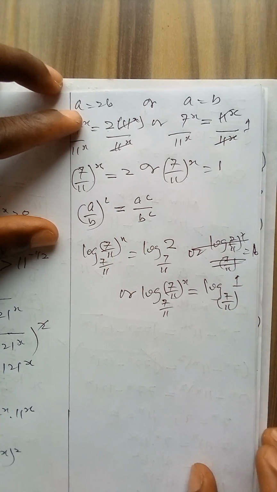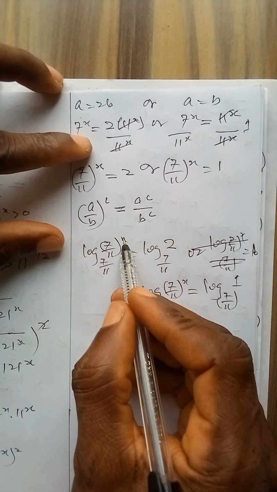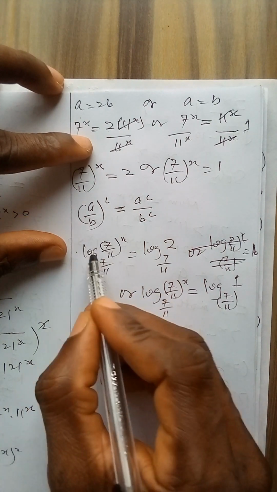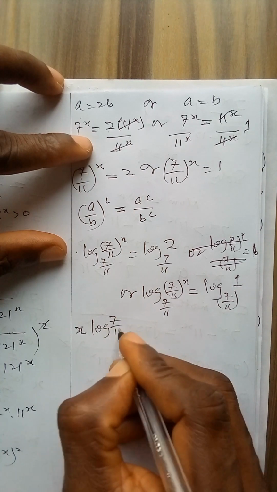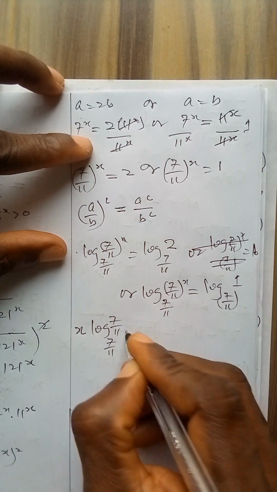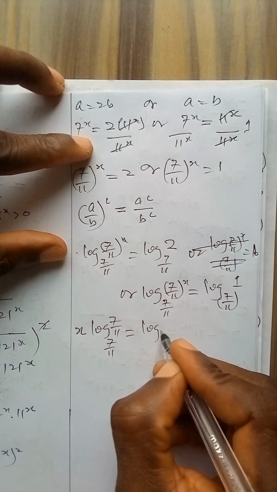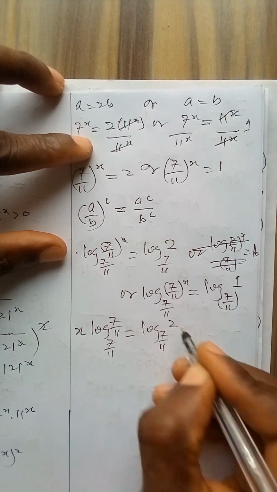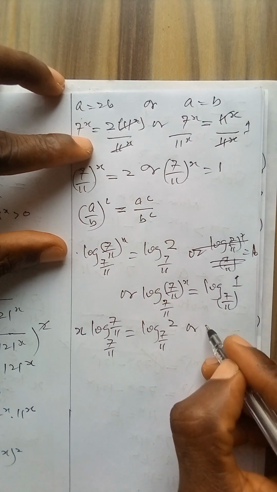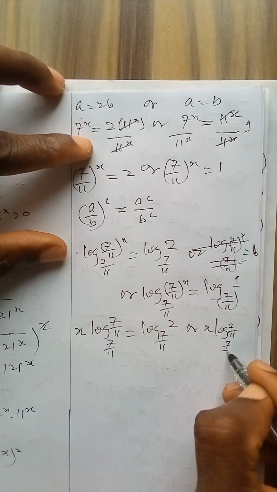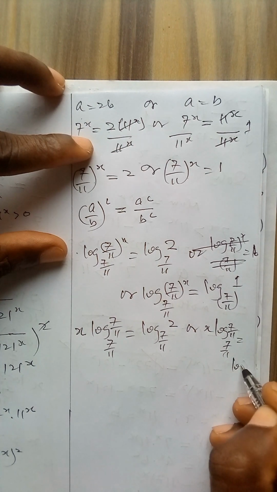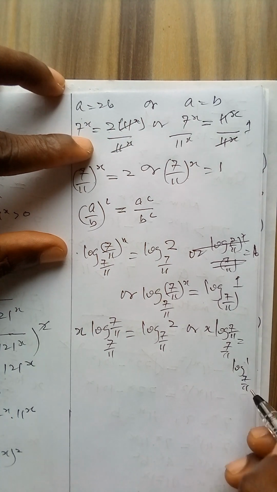Now, in logarithms, this is the power. It will come here and multiply the base. So I have x log to base 7 over 11 of 7 over 11 is equal to log to base 7 over 11 of 2, or x log to base 7 over 11 of 7 over 11 equals log to base 7 over 11 of 1.